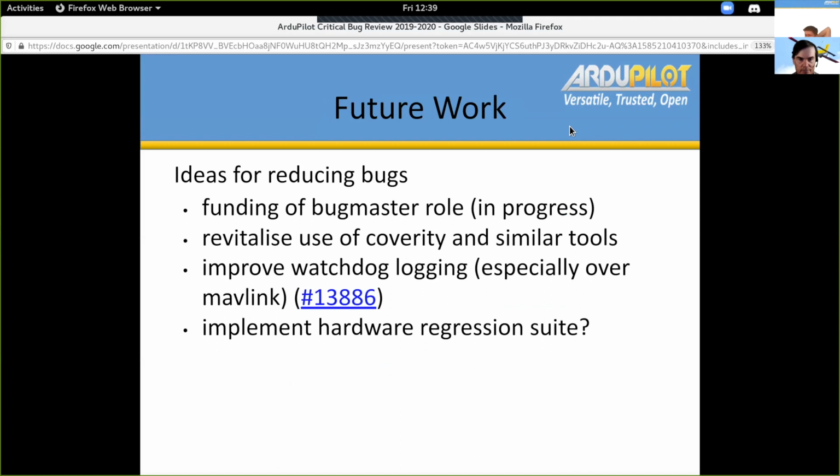So, as I said earlier, we're after ideas for how we can prevent this sort of bug in future, both regressions, which we certainly had from when we moved from Nuttx to ChibiOS, we had a couple of regressions.